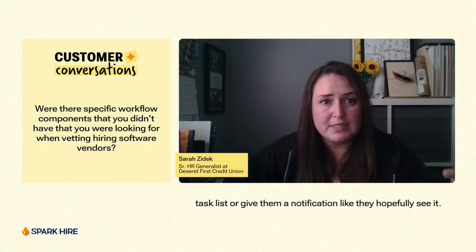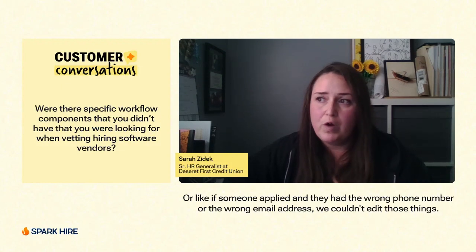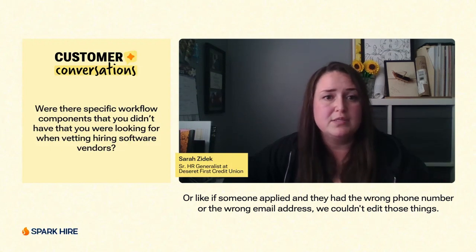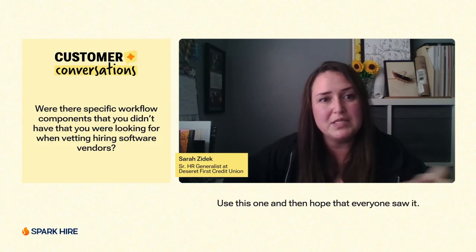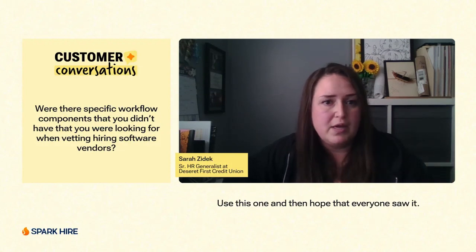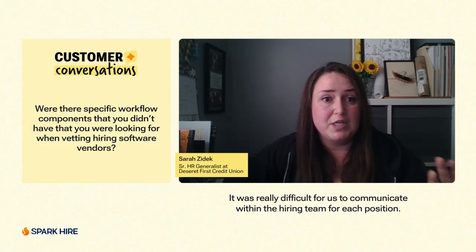They hopefully see it, right? Or if someone applied with the wrong phone number or email address, we couldn't edit those things. We would just make a note saying, this is the actual email, use this one, and hope that everyone saw it. It was really difficult to communicate within the hiring team for each position.